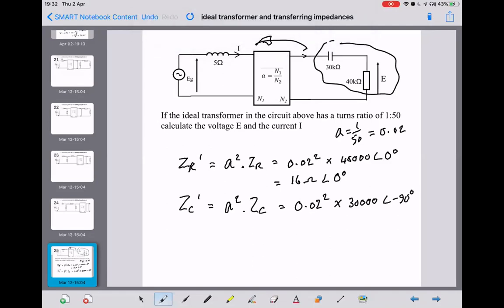If you do that on your calculator, you should get 12 ohms, and the angle minus 90 degrees stays the same. So you're all happy with that, yeah?